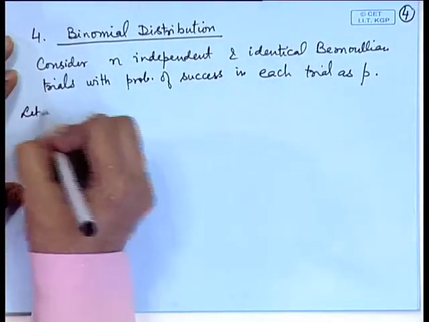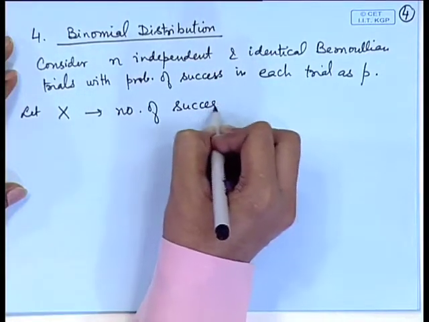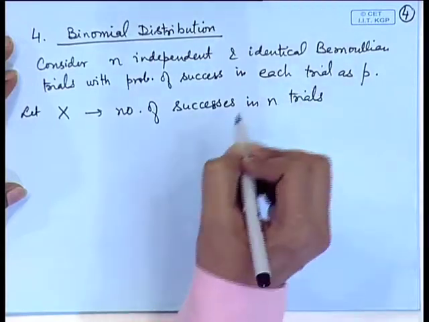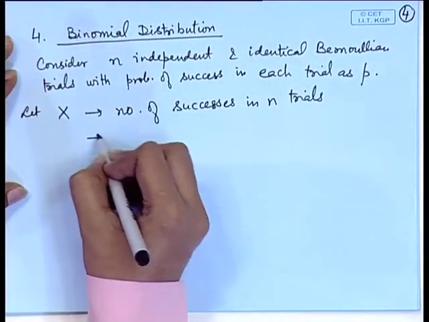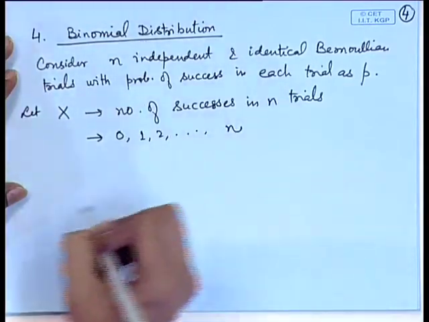Let us denote X as the number of successes in n trials. Then what are the possible values of X? X can take values 0, 1, 2, up to n.